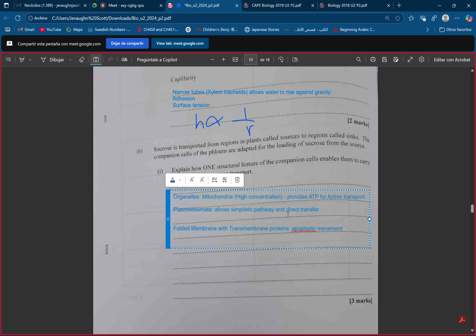So it provides more surface area packed with these transmembrane proteins that allow apoplastic movement. Alright? And now we have the plasmodesmata that gives us our symplastic pathway. And then we also have organelles like the mitochondria that allow the active transport of these things. So we must note these things. Everything should be fine here. 3 marks.